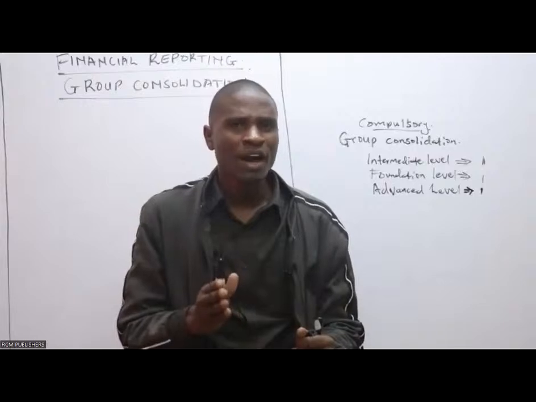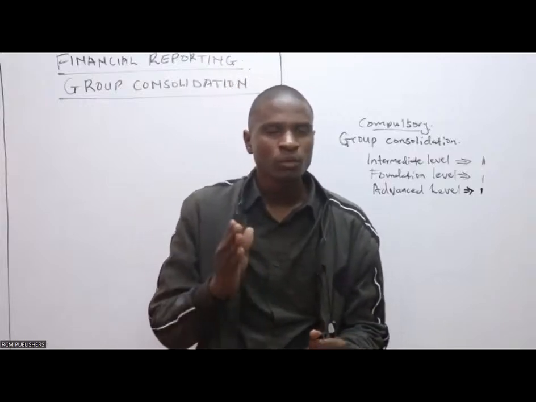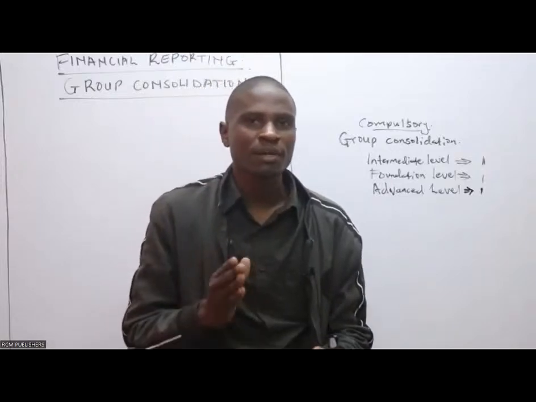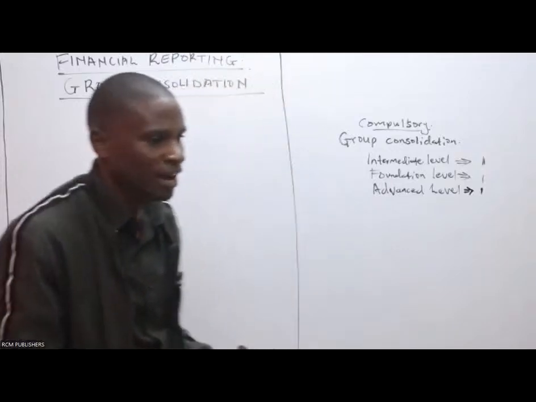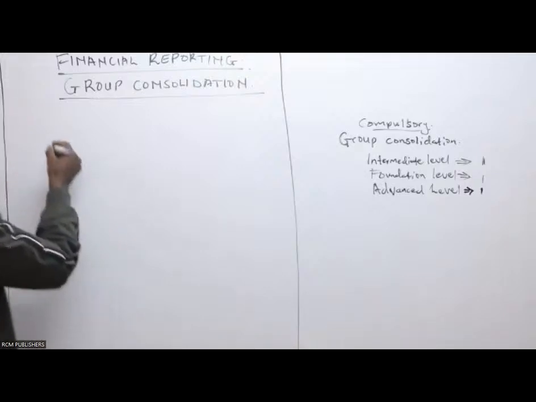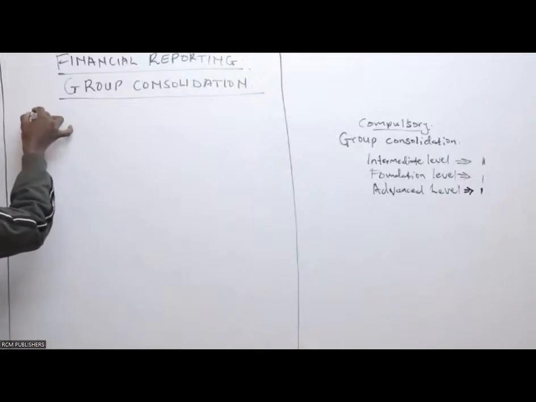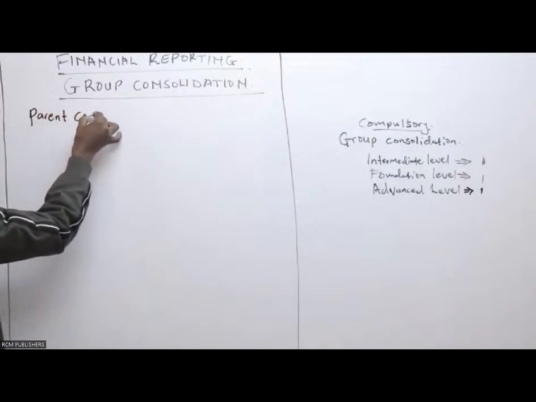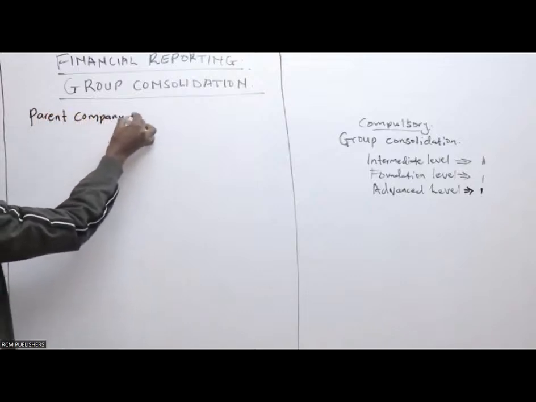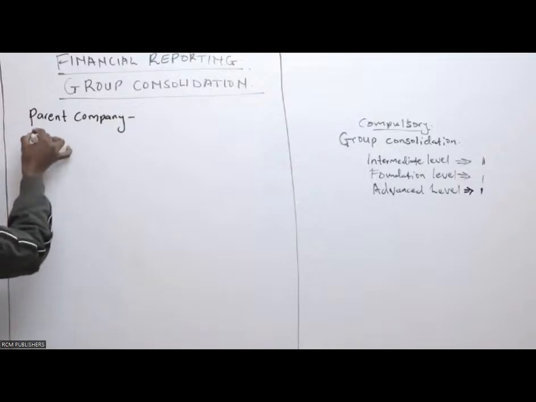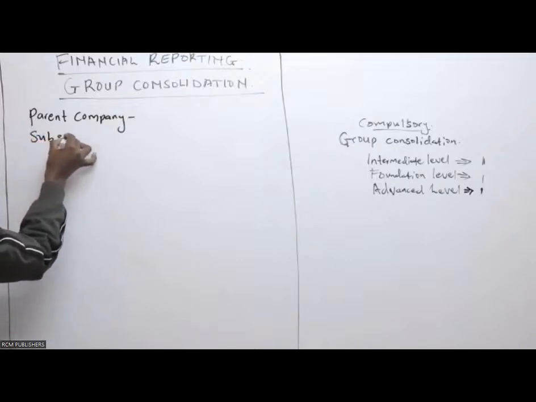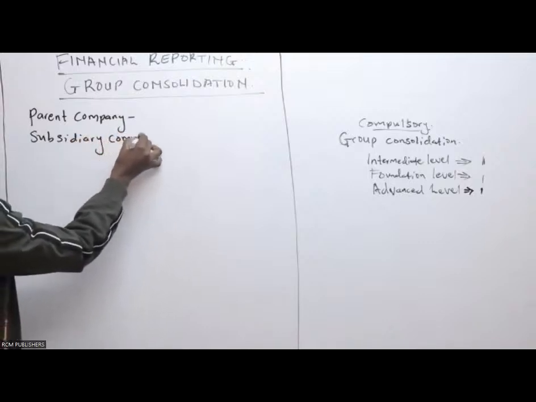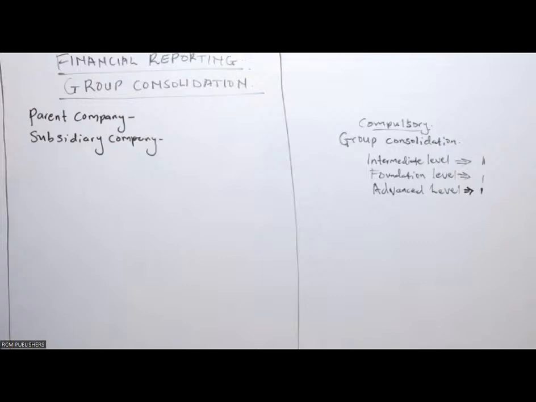I'm not sure whether you understand the types of company that we might have in this. One, we have a parent company. And then we have a subsidiary company.